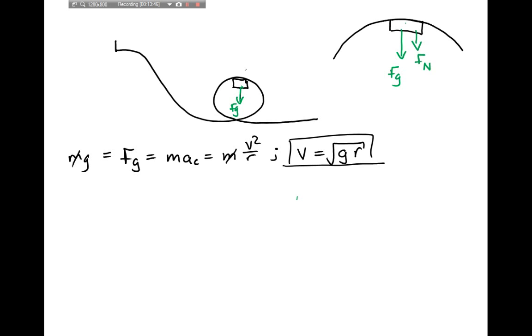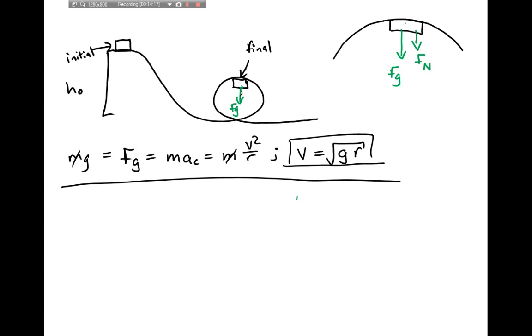I'm going to call this point at the top of the hill the initial position, and this point at the top of the loop my final position. Using conservation of energy, I can figure out how high this hill has to be. We'll call this h initial. Now I know how fast I have to be moving here, and I know how high off the ground I am. If this loop has a radius of r, then at the top of the loop, I'm 2 times the radius above the ground.